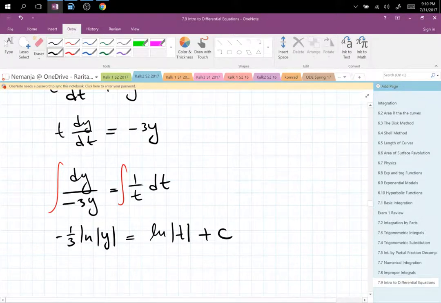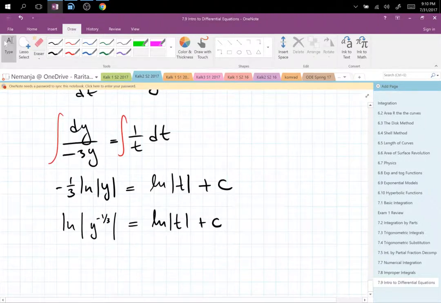This 1/3 jumps inside the ln. And we get this. E both sides. Over here we lose this. Now on the other side, we get ln and e cancel. We just get t times e to the c. Call it capital K.